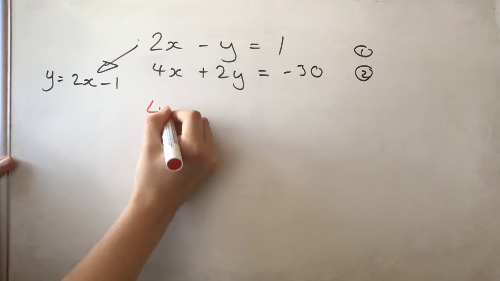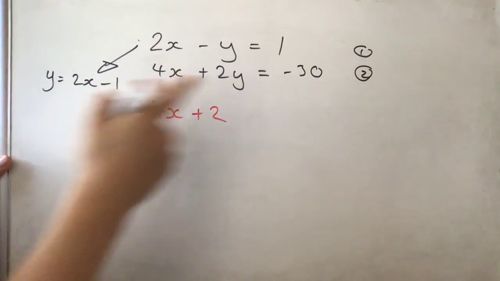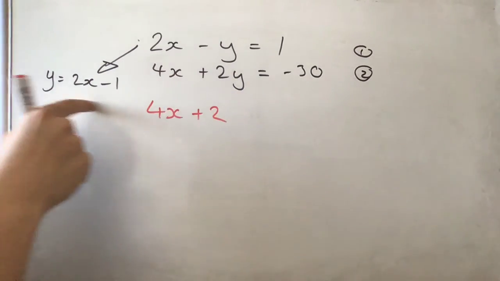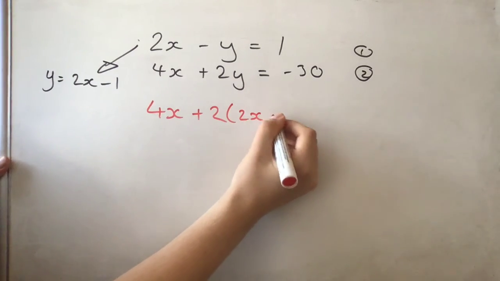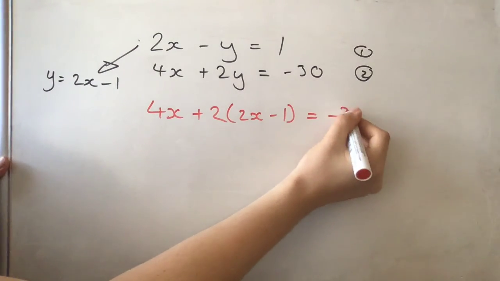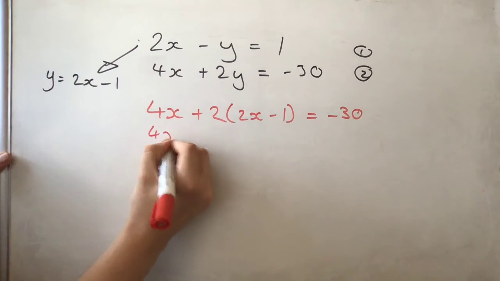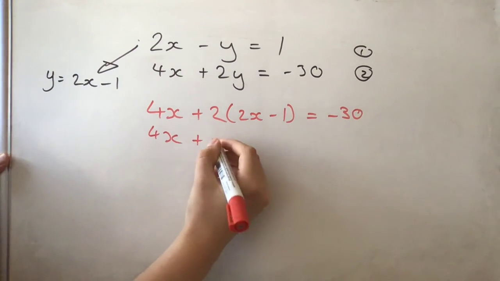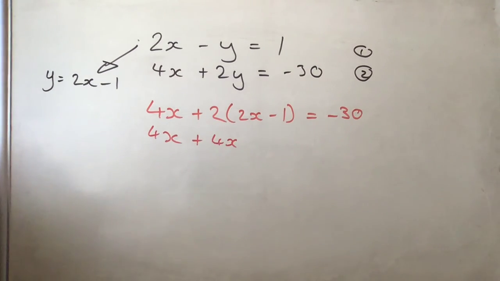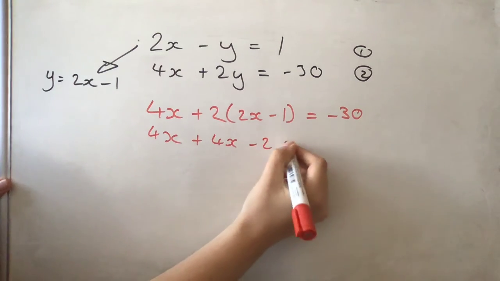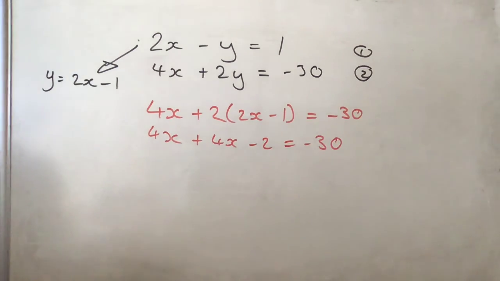We've got 4x plus 2, and what's the value of y? We've got y here, 2x minus 1, and that equals negative 30. And we can then simply solve this equation to find the value of x. So we'd have 4x plus 2 times 2x is 4x, 2 times negative 1 is minus 2, equals minus 30.